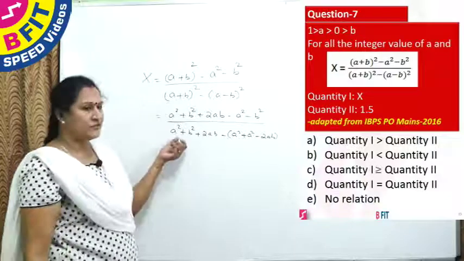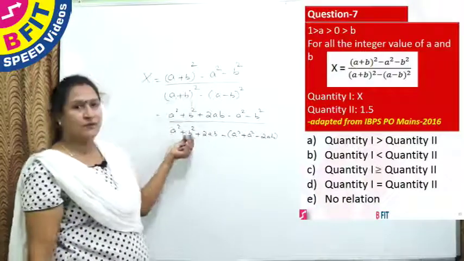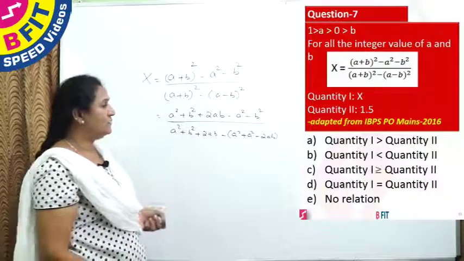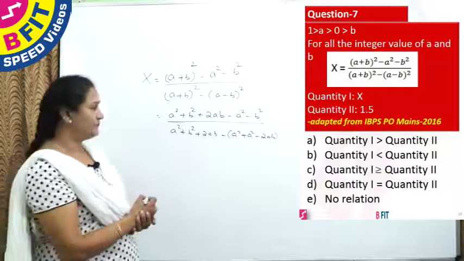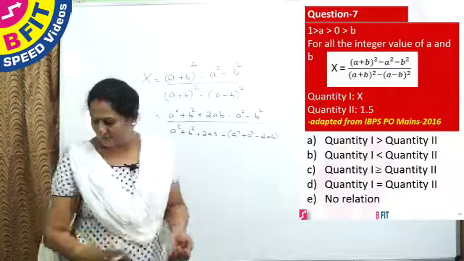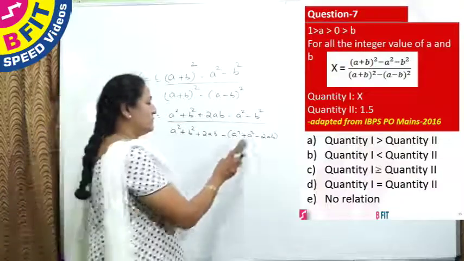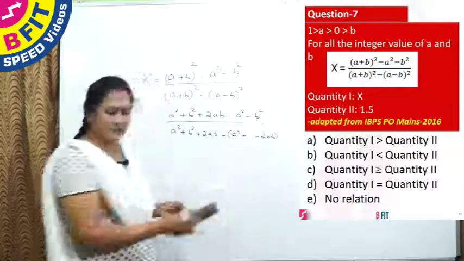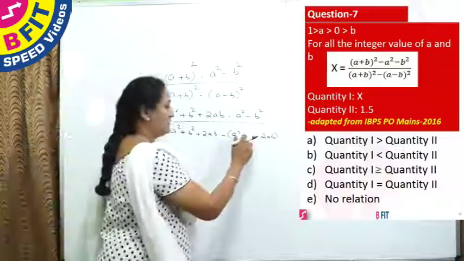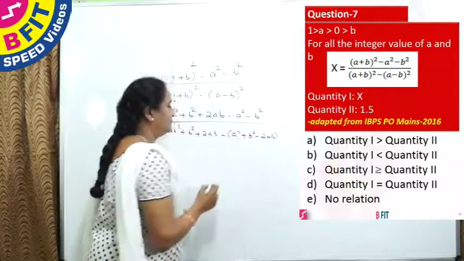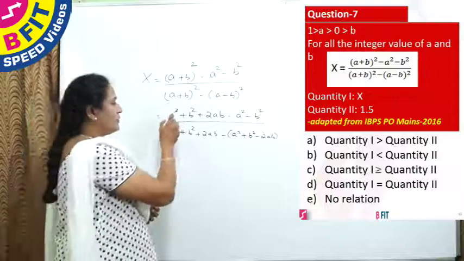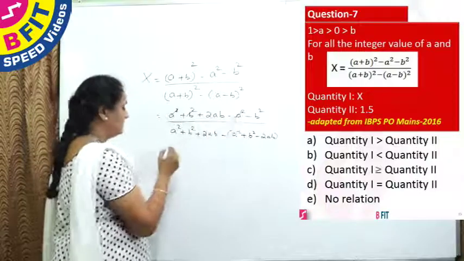So I have used this expansion for (a plus b) the whole square and (a minus b) the whole square. So all these terms get cancelled.